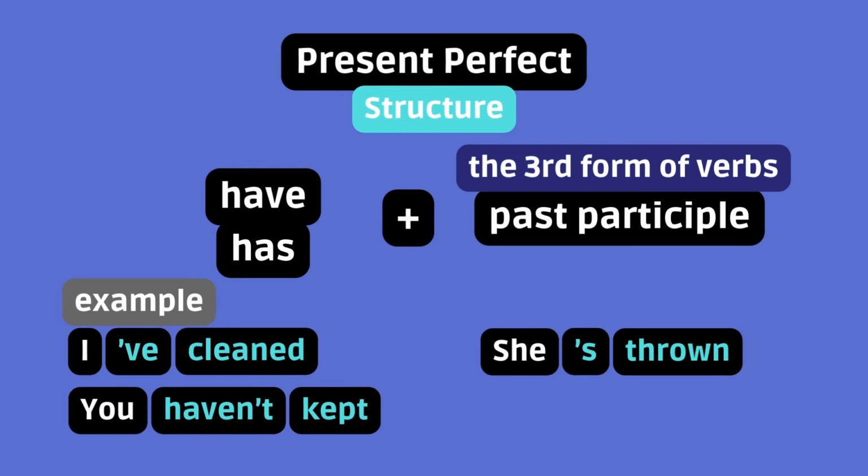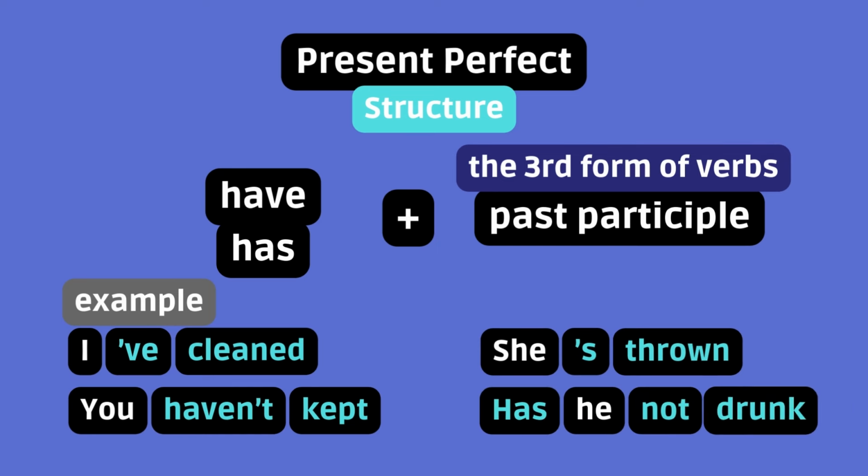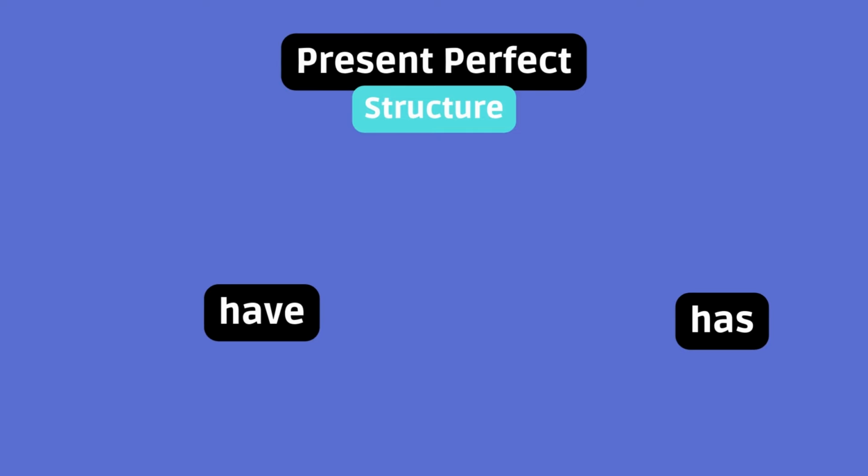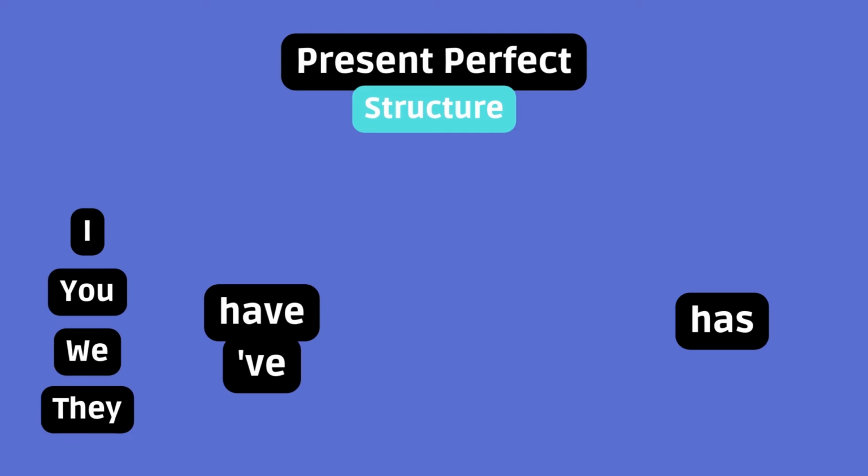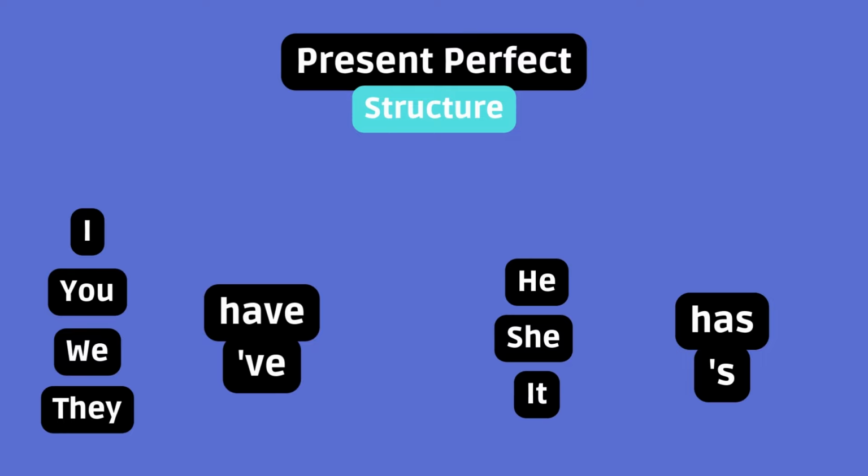She's thrown. Has he not drunk? Have, or the contraction 've, is for I, you, we, and they. Has, or the contraction 's, is for he, she, and it.